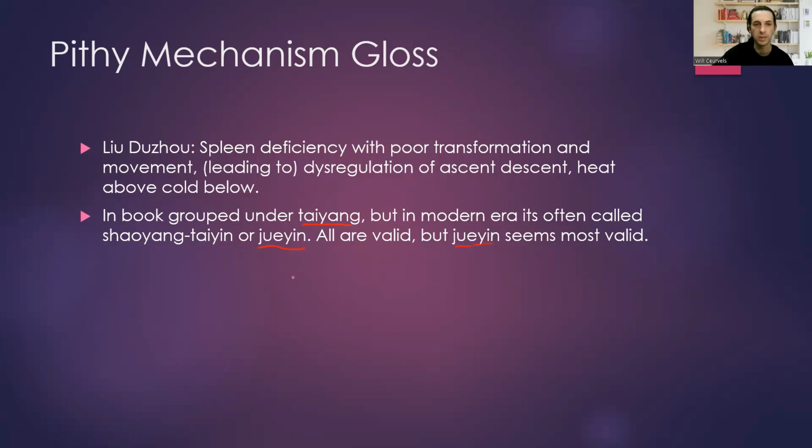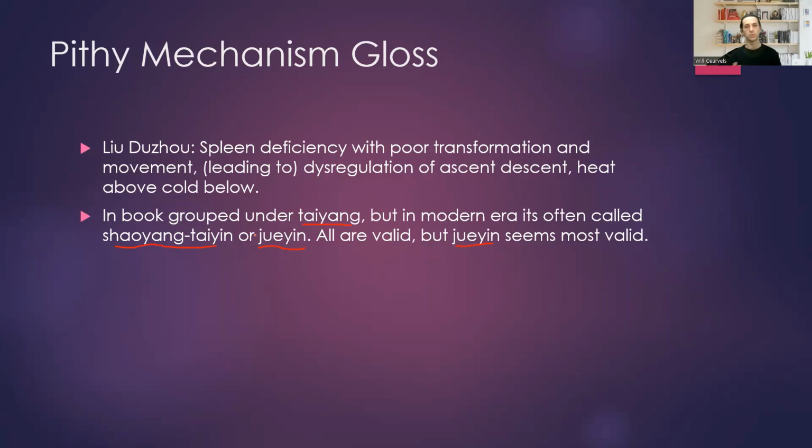Now, there are also people who will put it in Shaoyang, Taiyin. This being because, on the one hand, Taiyin relating to that sort of deficiency of the spleen, and then Shaoyang because you have the main contradiction, so to speak, or the main struggle between the pathogen and upright qi occurring sort of in this middle area along the diaphragm, which is sort of traditionally the realm of Shaoyang.